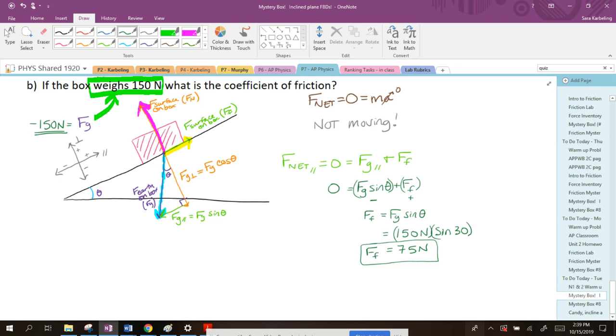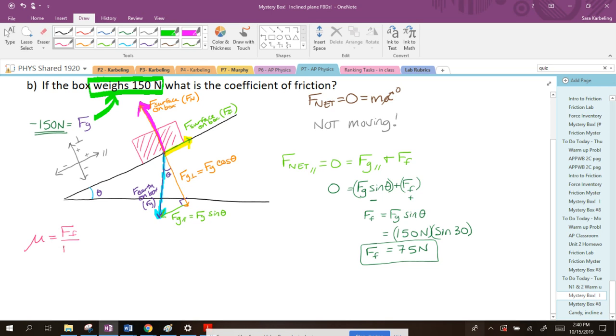So am I done? No, you find the coefficient. I need to find the coefficient of friction. So you've been narrating the whole story, but I want to make sure everybody else gets to play. Can somebody else help me do the narration? Is that okay? So the coefficient of friction is mu, right? So mu equals FF over Fn.